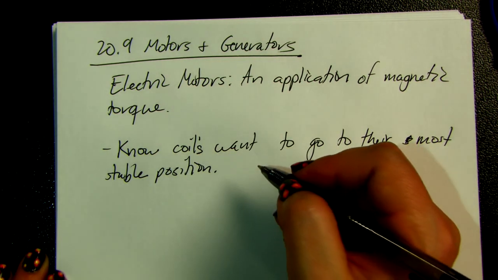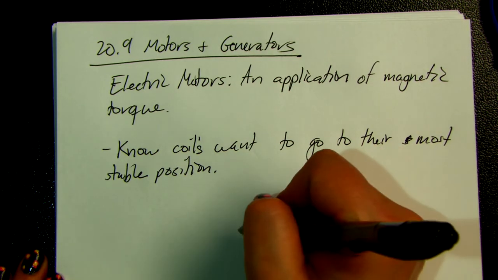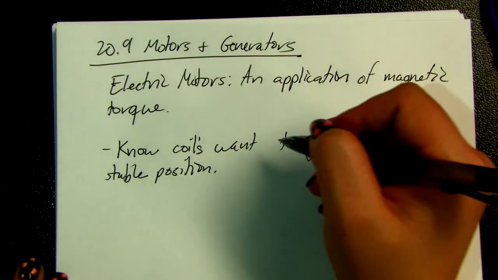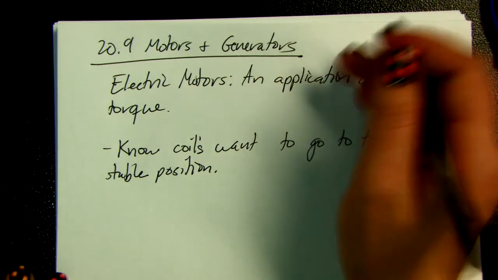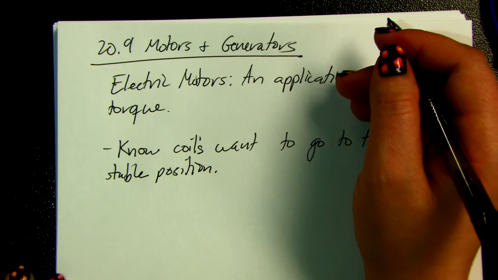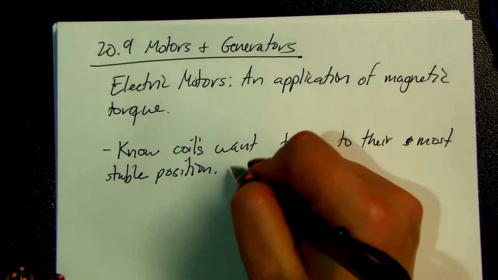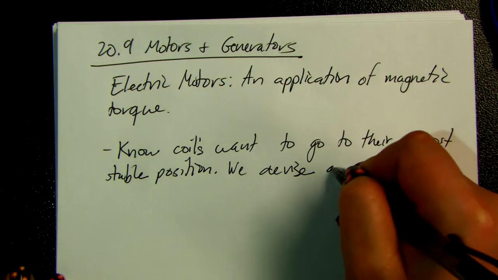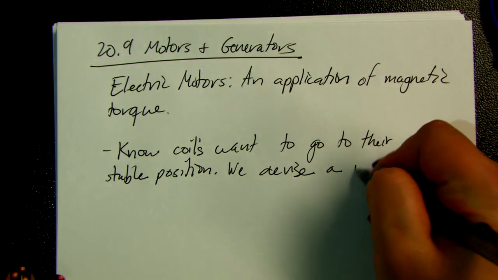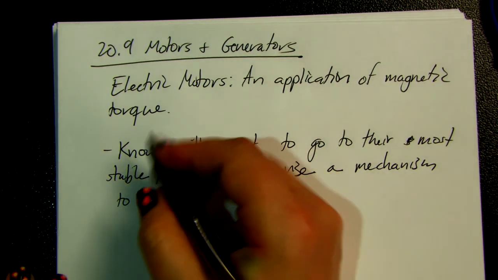And for a motor, you basically want something that's going to continue to turn. So basically you want to say, oh, you want to go to your most stable position? Here it is. Oh, it's moved, it's moved, it's moved. Got to keep turning, got to keep going, got to keep producing that power. So basically we devise a mechanism to keep the coil turning.